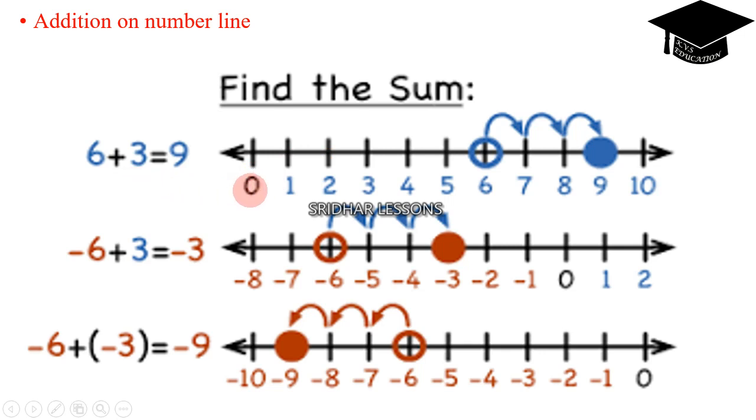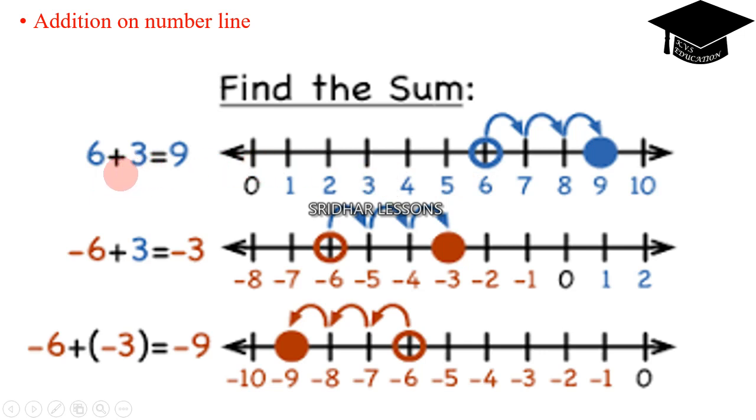So from 0 we have to find the value of plus 6. What we have to do? We have to move 6 positions from 0. First position, second, third, fourth, fifth, sixth. Here we have the symbol plus, so again we have to move to the right side. But how many positions? 3 positions.